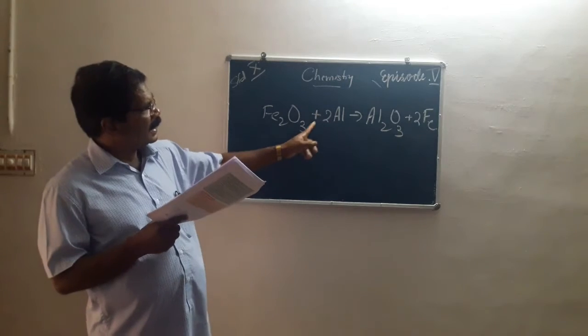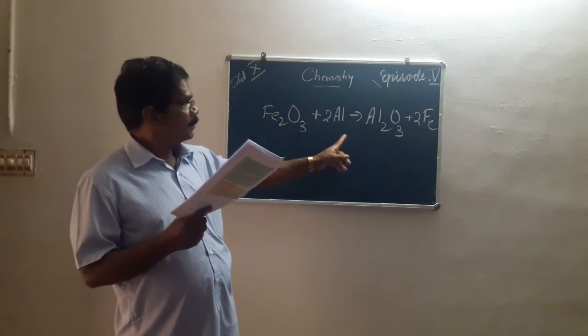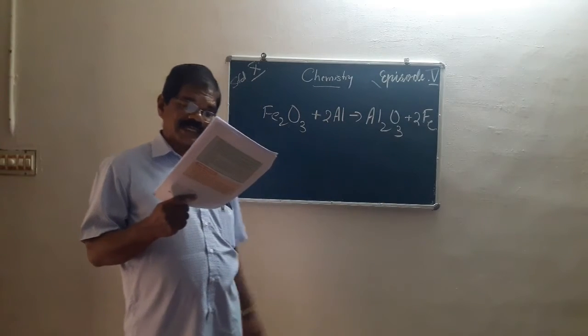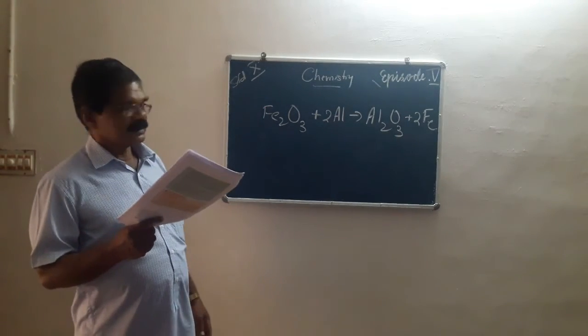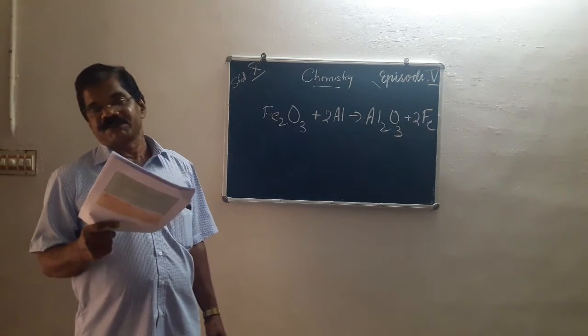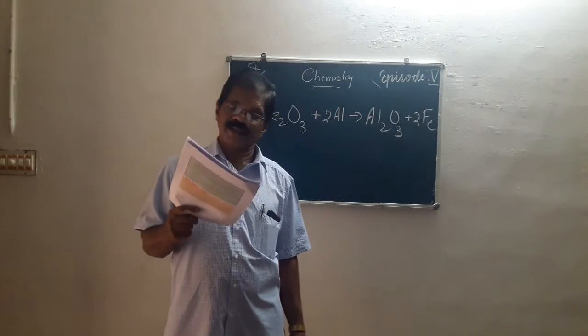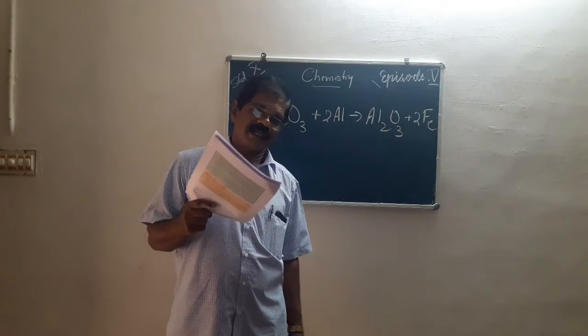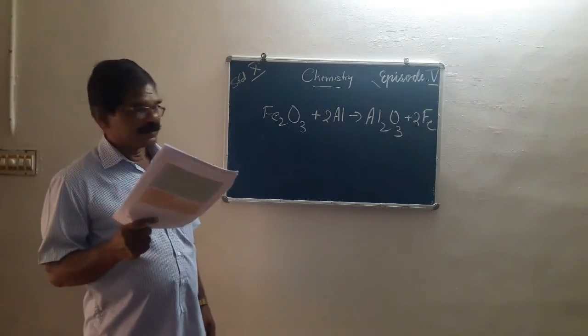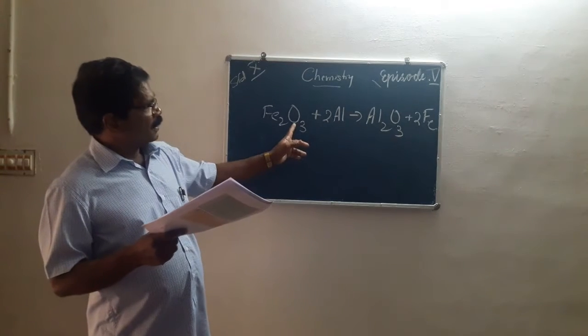Ferric oxide reacts with aluminium to form aluminium oxide, and the above reaction is an example of a dash. We have already studied five types of reaction. What are they? Combination, decomposition, displacement, double displacement and redox reactions. Is this a combination reaction?